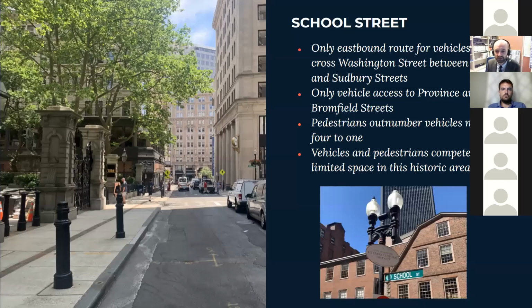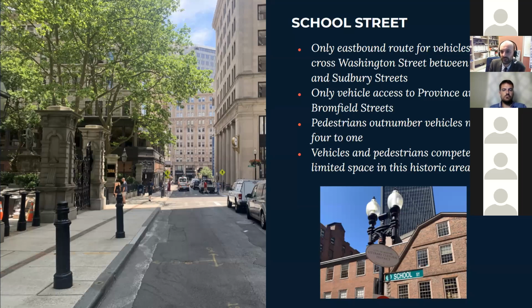Wanted to take a moment to talk about School Street for a second here, because it's a unique street within the study area. This is the only eastbound route for vehicles to cross Washington Street between Essex and Sudbury. I should highlight, of course, that unlike the portions of Washington's Winter and Summer that are in the study area, this street is open to vehicles at all times.